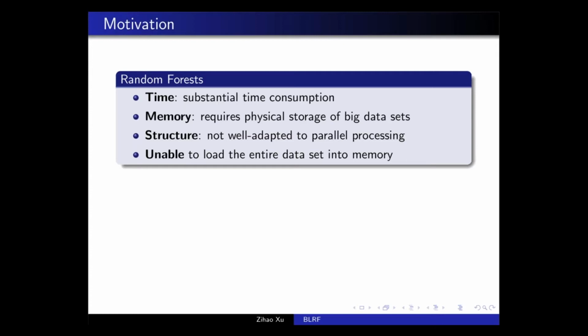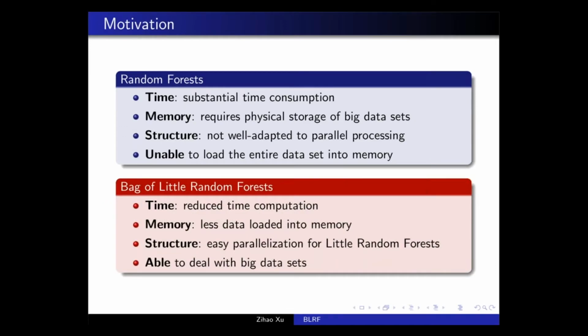And also, random forest is not well adapted to parallel processing, which means that we cannot use the power of multiple cores on our modern computers. And furthermore, when the dataset is really large, random forest is unable to load the dataset into memory and thus could not make any reasonable predictions.